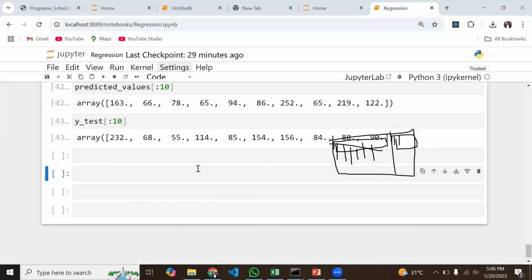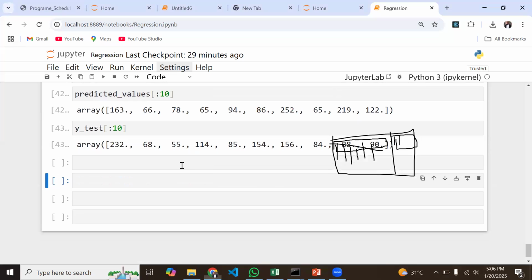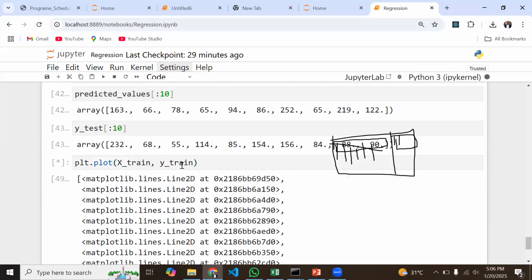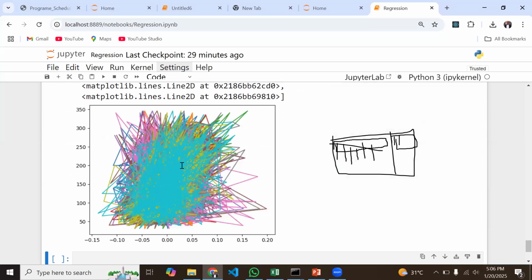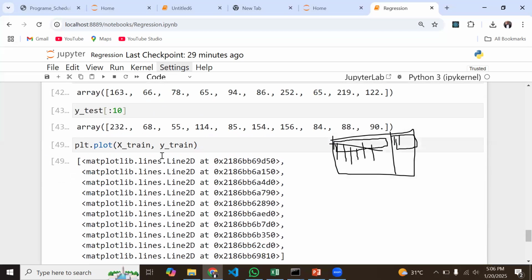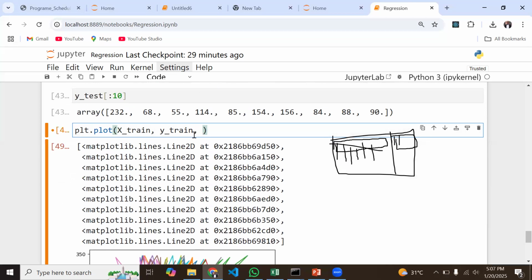All right, but I think there's a way we can go about this. Let me just see. Okay, so let's do plt.plot, and let me just do X train and then Y train. Wow, there's a lot of unwanted numbers over here.